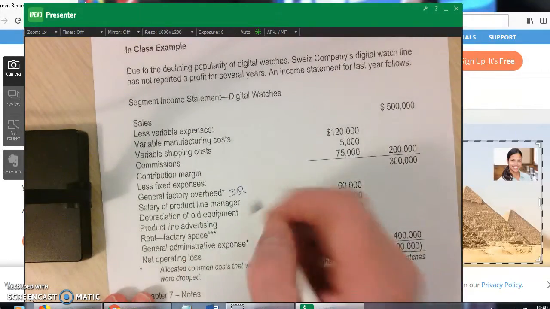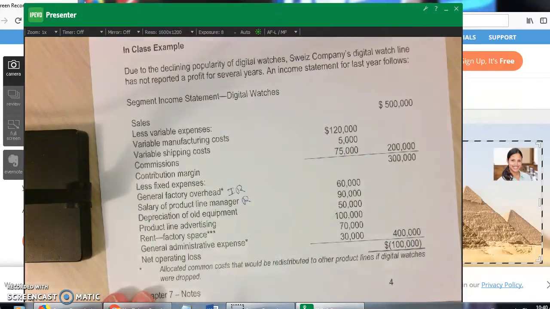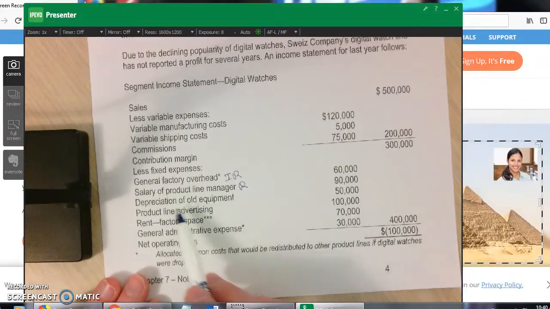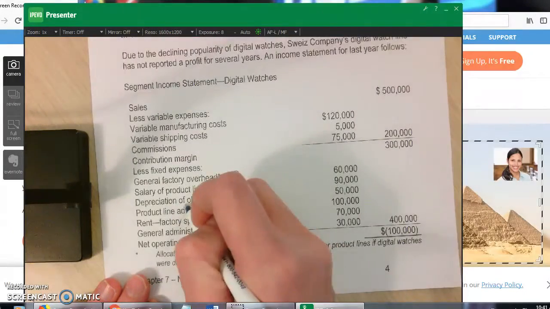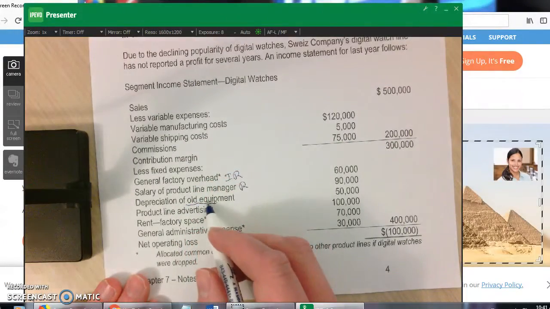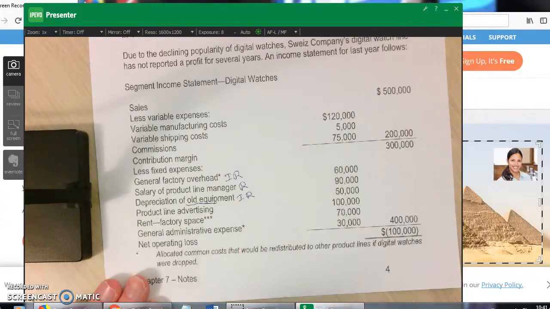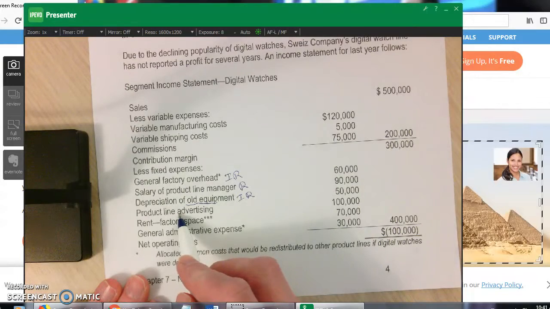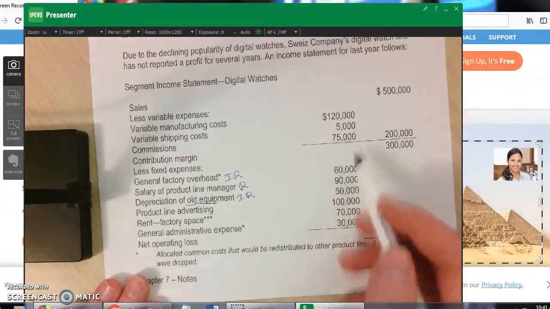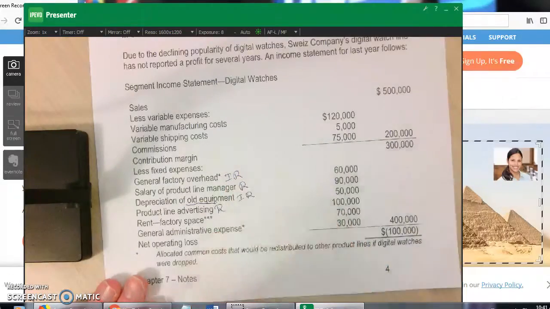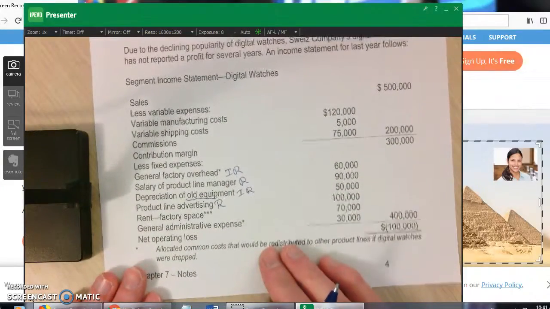The salary of the product line manager is going to be relevant, because if we drop a product line, we no longer need the product line manager. Depreciation of old equipment, the whole idea here is that it's sunk and we cannot get rid of it. So we're going to say that's irrelevant. Product line advertising, if we drop the line, we're no longer going to be advertising for this product line. It doesn't make sense to advertise for a product line that no longer exists.